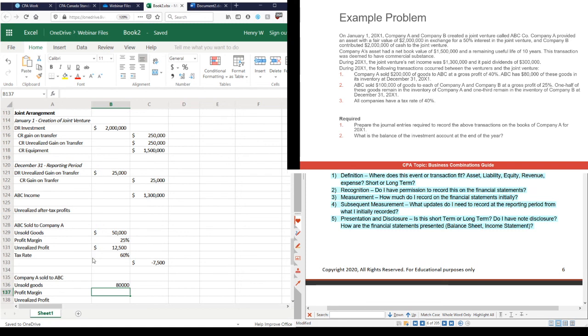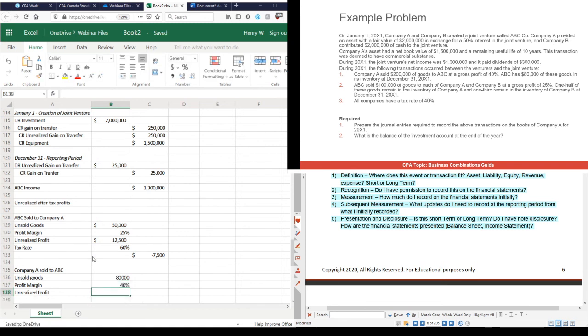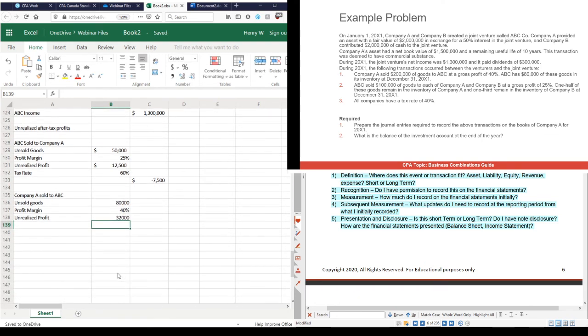Profit margin 40%. Tax rate. Let me do this first. Tax rate. Unrealized after-tax profits.